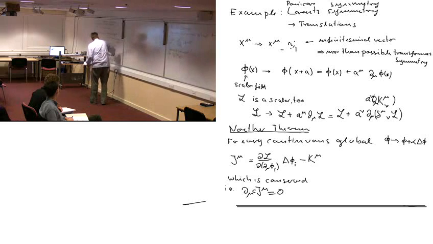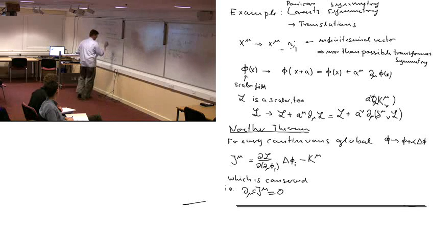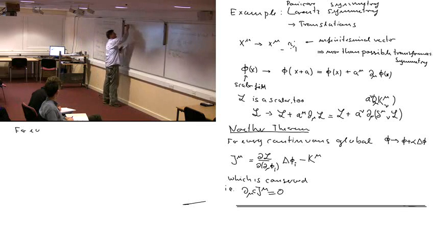The k that is added as a total divergence has an index nu which corresponds to the direction in which we take our translation. So for every direction, for the time direction, for the space direction, we get one of these total divergence terms.